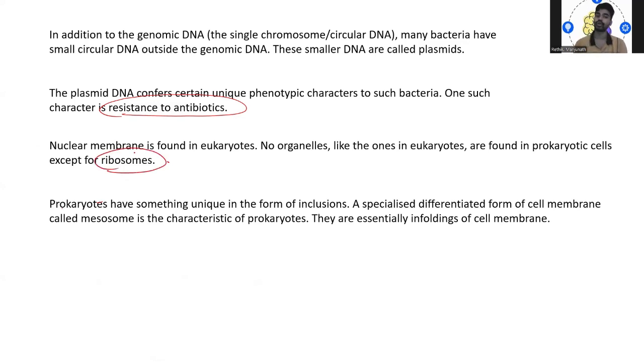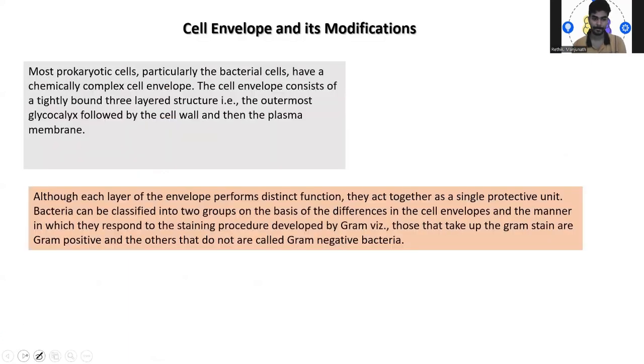Prokaryotes have something very unique in the form of inclusions, such as a specialized differentiated form of the cell membrane. They are called mesosomes, which are a characteristic of the prokaryotes. They are essentially foldings of the cell membrane.